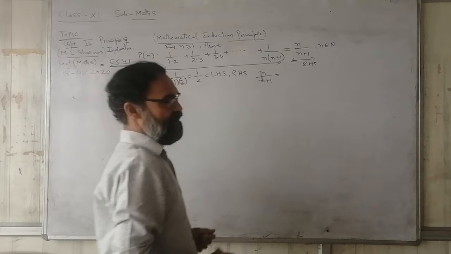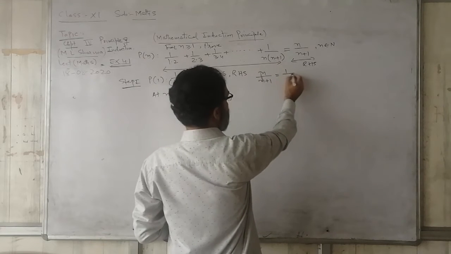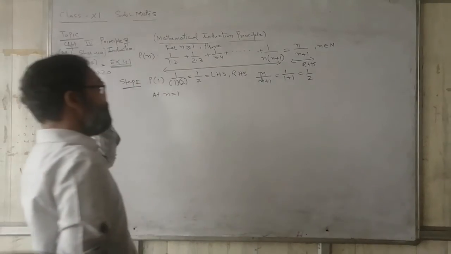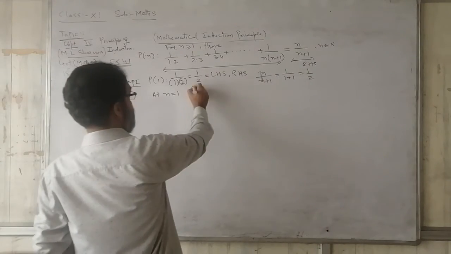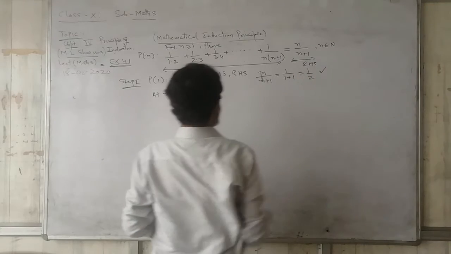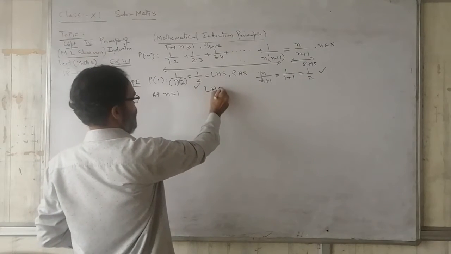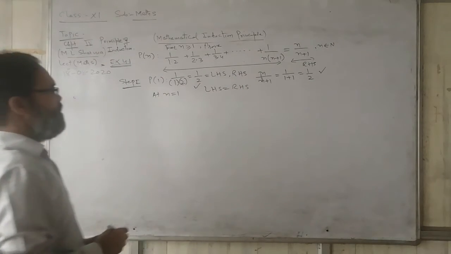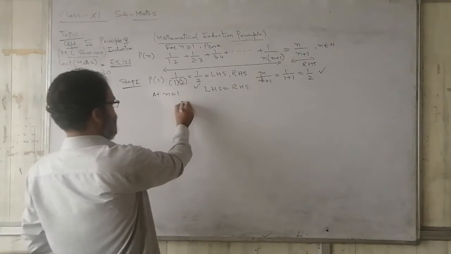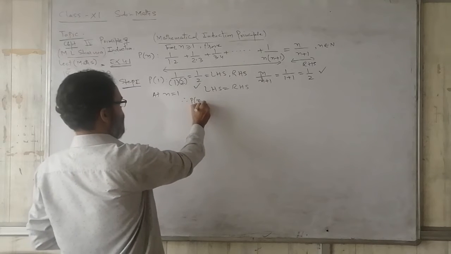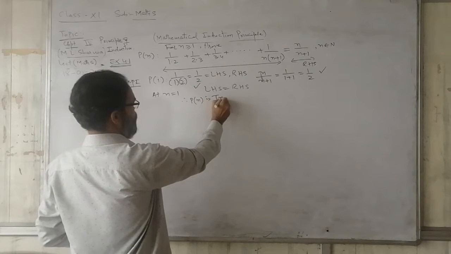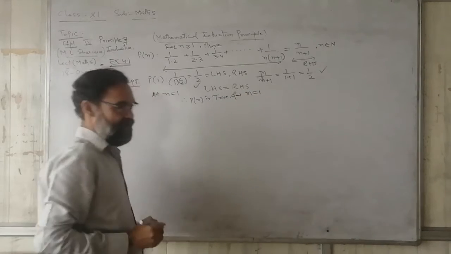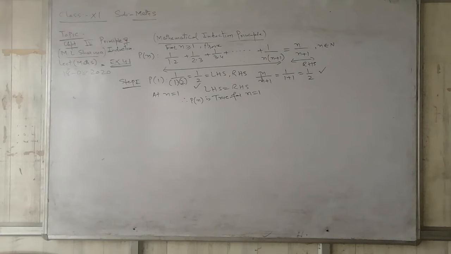So if I put n equal to 1, it will be 1 upon 1 plus 1, and this is 1 upon 2. So left hand side and right hand side, they are equal. So LHS equals RHS. So when equality holds, this indicates Pn is true for n equal to 1. So my first step is over.